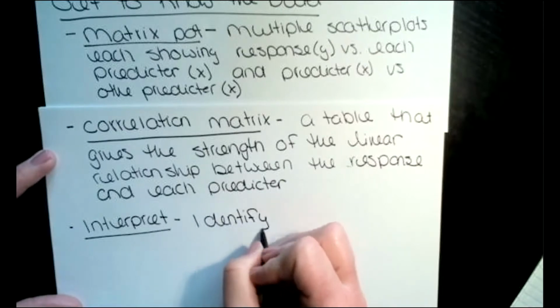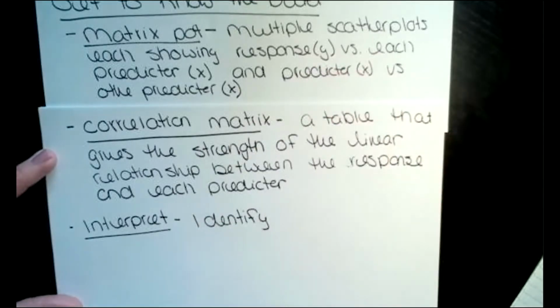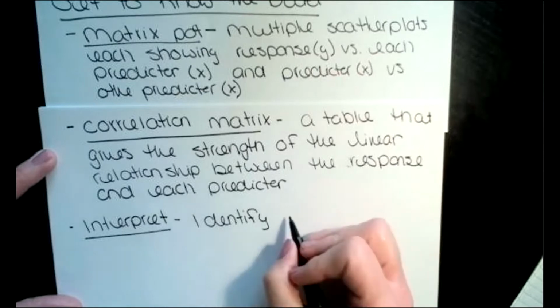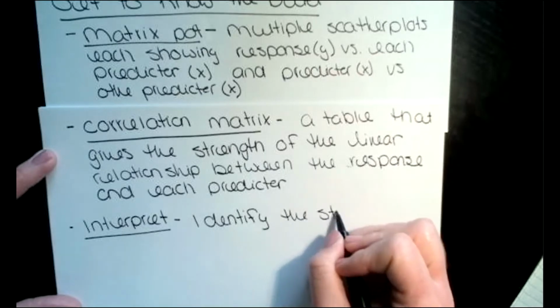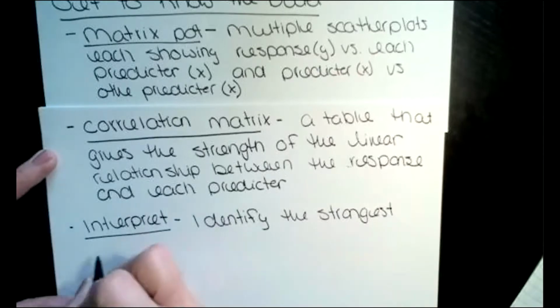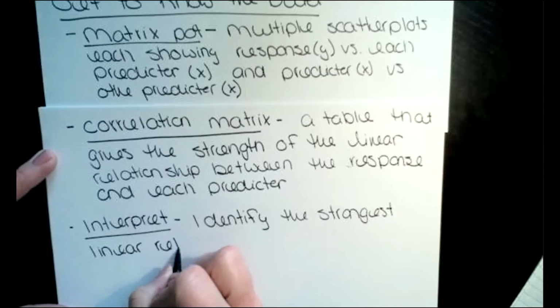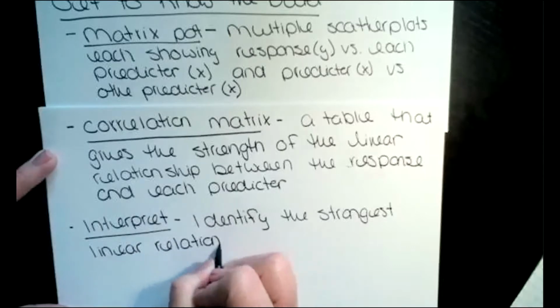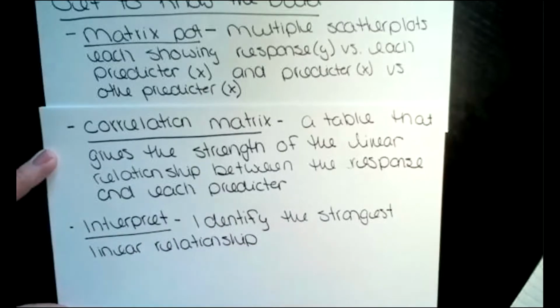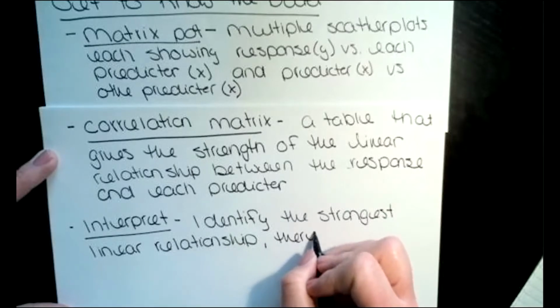So skim through the numbers and skim through your visual up here and look at which one's the strongest relationship and report about that one. I'm going to talk about that strongest linear relationship. We don't want to talk about all of them, but there may be more than one that's strong. So we'll make a note of that.